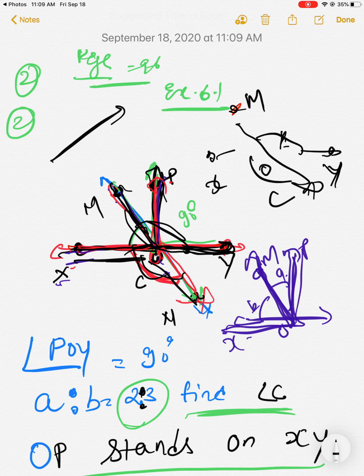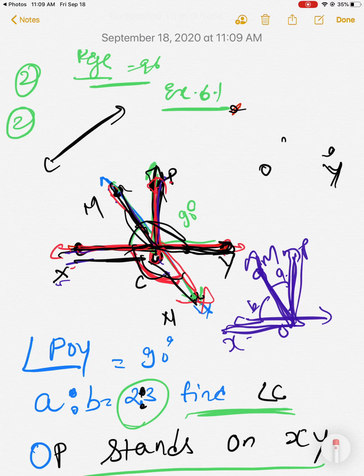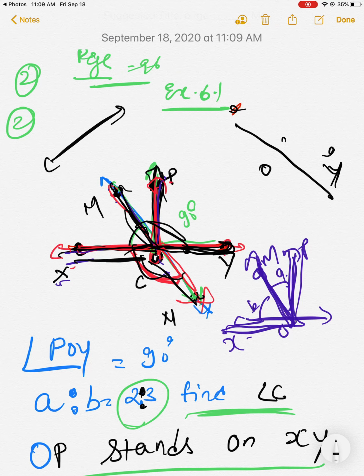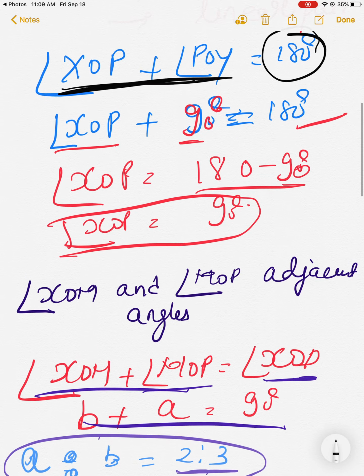I will draw the figure here. This is X, this is M, this is N, and this is O. This is Y. So MOY and XON are vertically opposite angles.